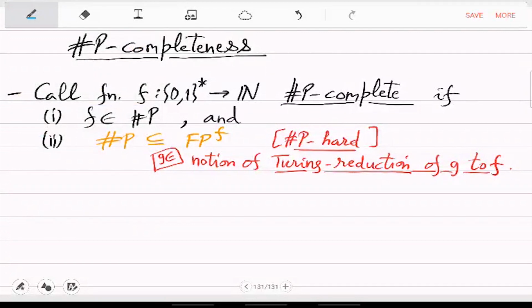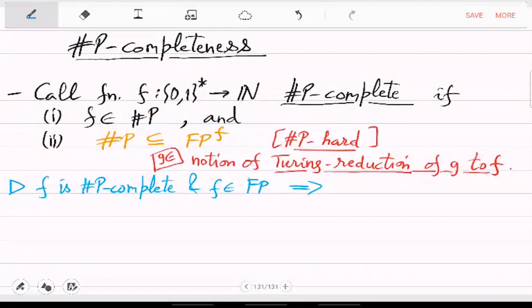Now from this reduction or the completeness notion, #P completeness, what you can see trivially is that if a #P complete problem is in FP, so F is #P complete and F is in FP, then FP is #P.